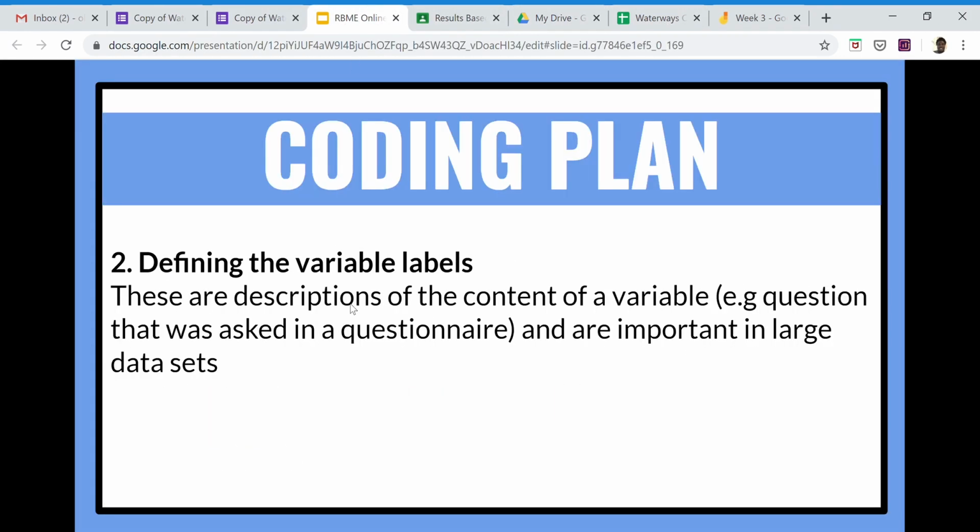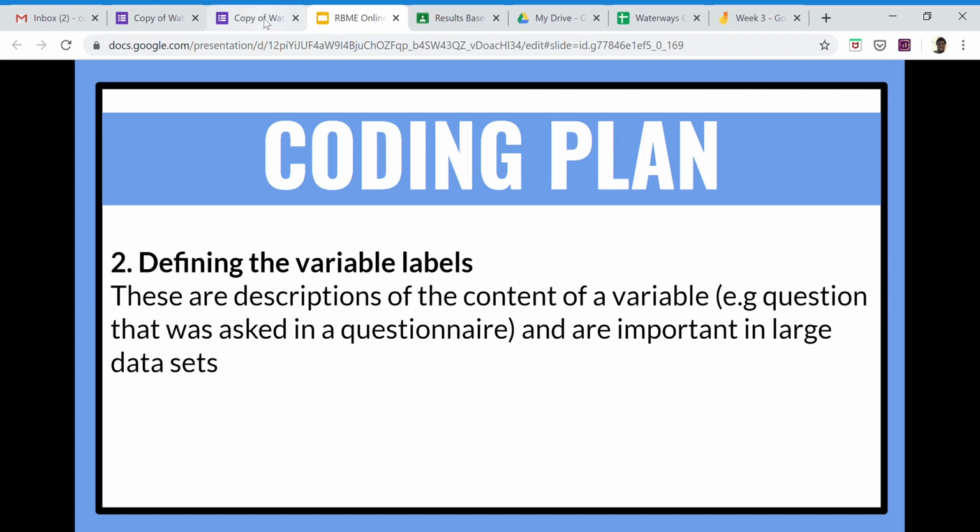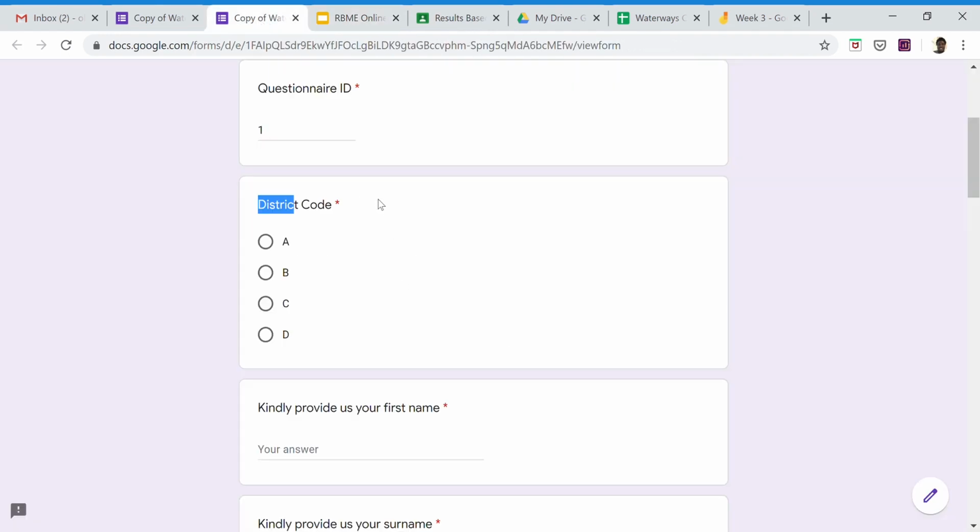So you can also define the variable labels. This is mostly important, and it's attached to your header, the questions that are asked.